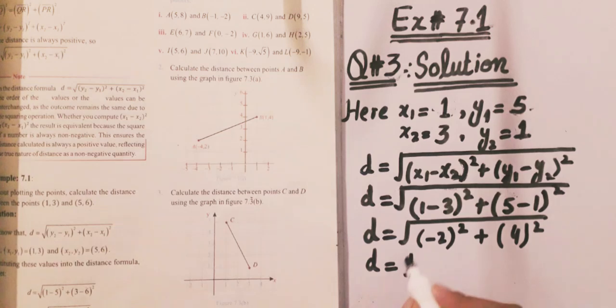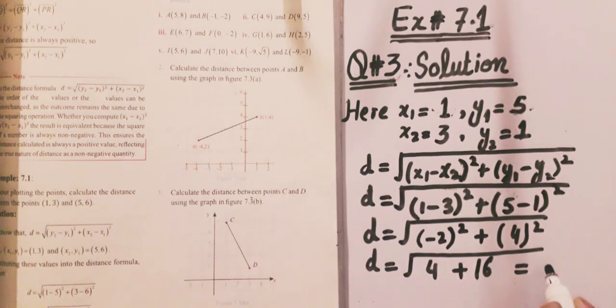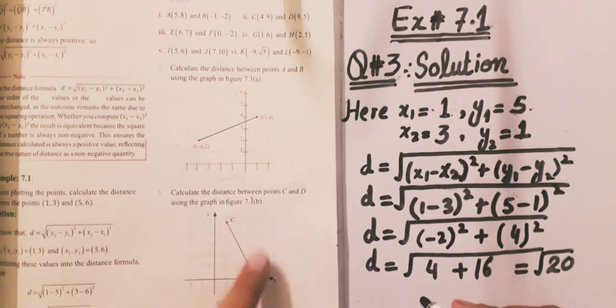Now D is equal to minus 2 square is 4 positive, so 4 plus 16 will become square root of 20. Now this is the required distance between points C and D on this graph. Now we will solve question number 4.